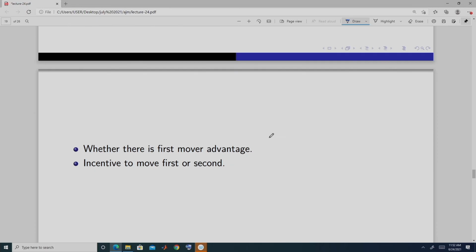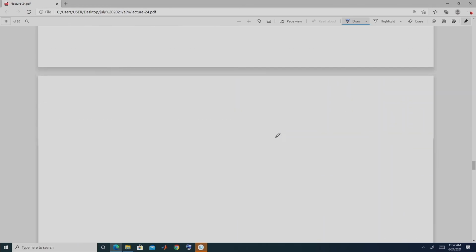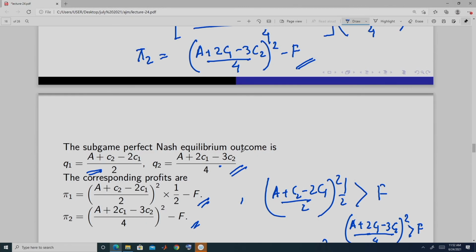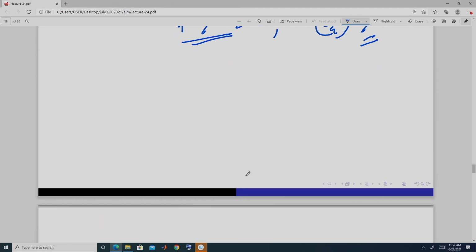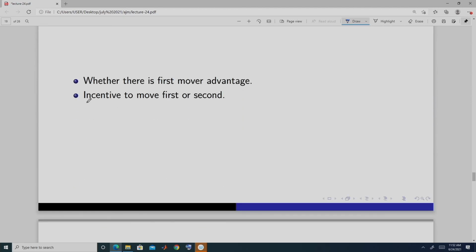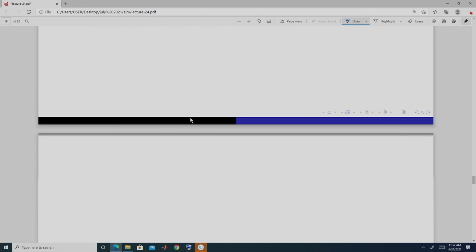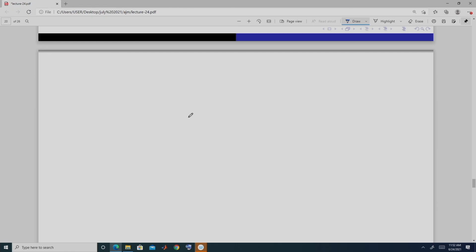Now, we will see what happens when costs are not similar, and we will do it diagrammatically. Related to this topic, we have the question of whether there is an incentive to move first or move second. This we will consider later. Now, our profit function for firm 1 is this.